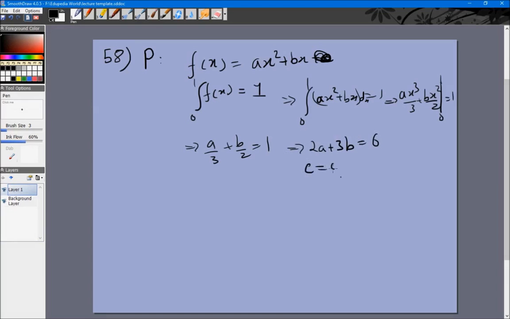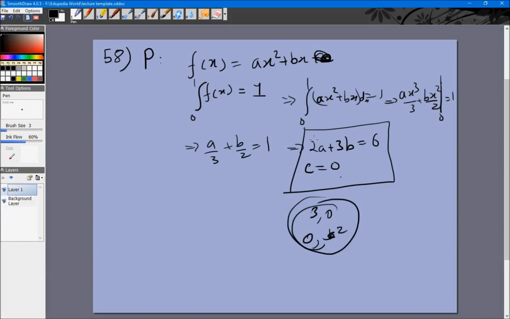So c is 0 and 2a plus 3b is 6. You have to have non-negative integer coefficients. So the only possible values are a is 3 and b is 0, or a is 0 and b is 2. There are no other possible values of a and b satisfying this equation where a and b are non-negative integers. If a is 0, then b has a value 2.